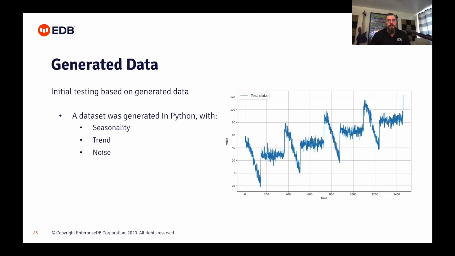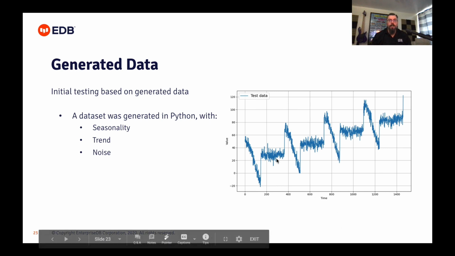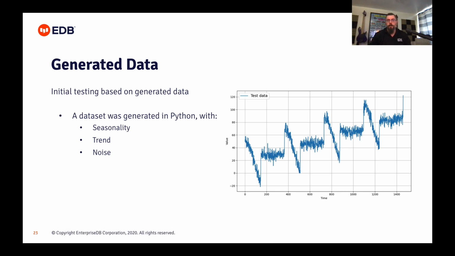Looking at the generated data first of all, as I mentioned, this was generated in Python. It includes three main components. Seasonality: these are the up and down spikes that you see, and then the horizontal flat level sections in between. It includes trend, so you'll notice that the values are generally trending upwards from left to right.